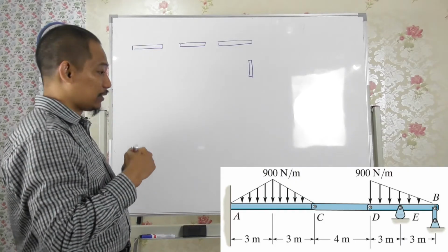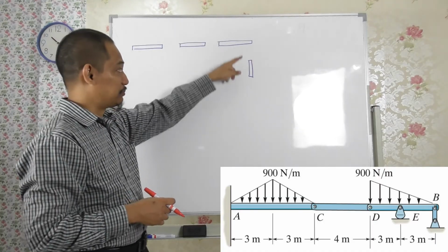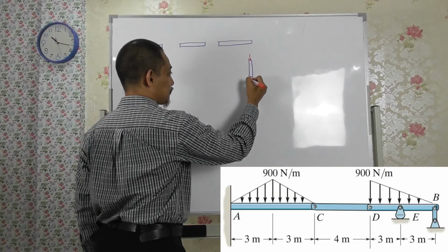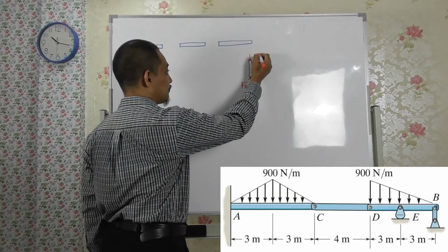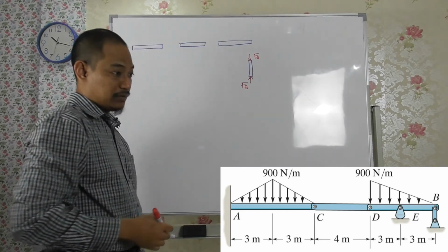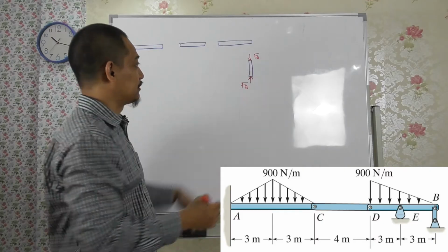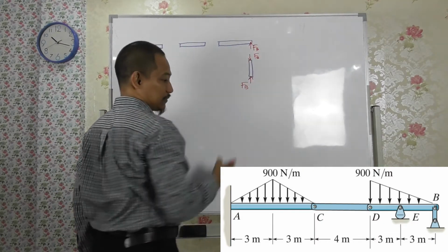In this case, this link at B is logically being pushed down, so it is under compression. So if you draw like that, for example FB, of course if this is under compression, then correspondingly at B here this will be FB going upward, right?